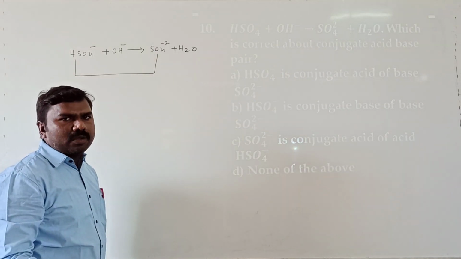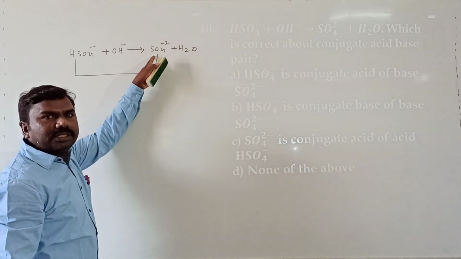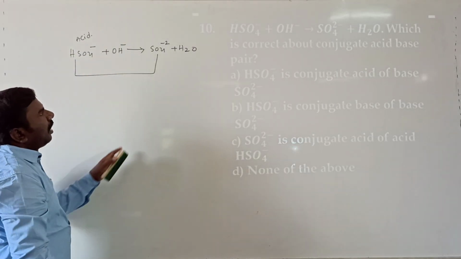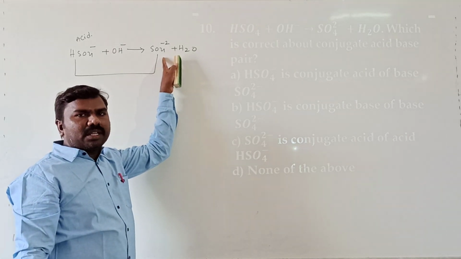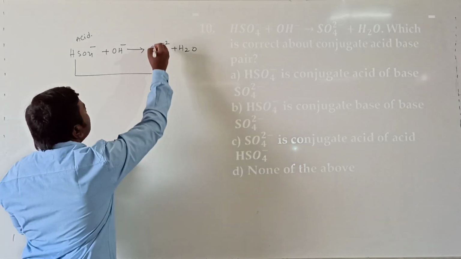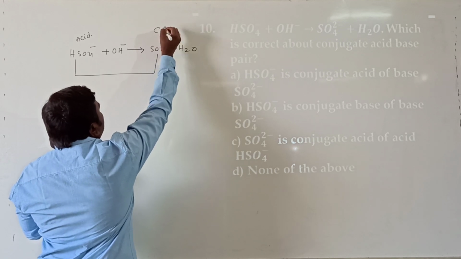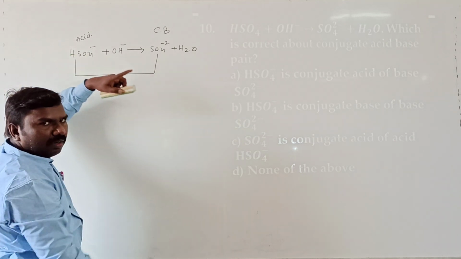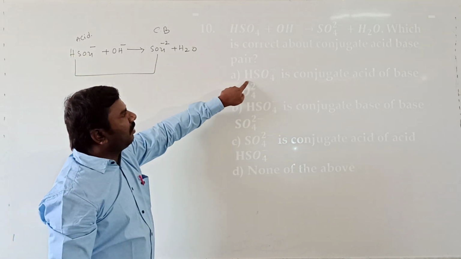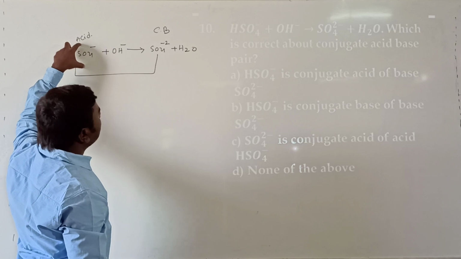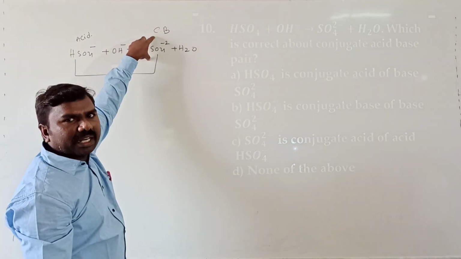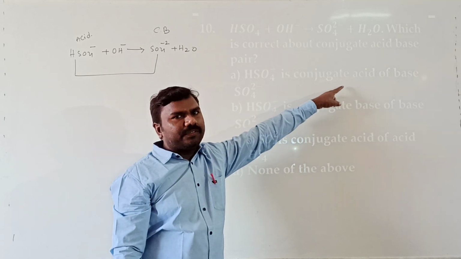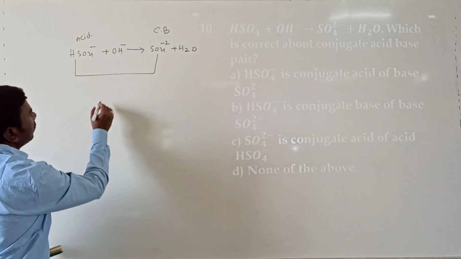Losing means proton donor, so a proton donor is an acid. After donation of the proton, the residual part is called the conjugate base. If you take it as a base, obviously it is a conjugate acid. Clear all of it? So HSO4 minus is the conjugate acid of SO4 minus 2.